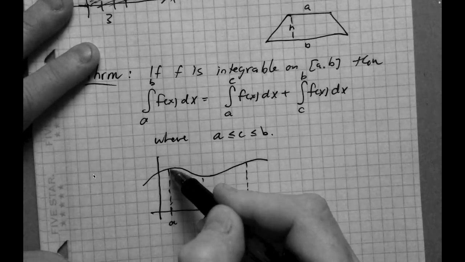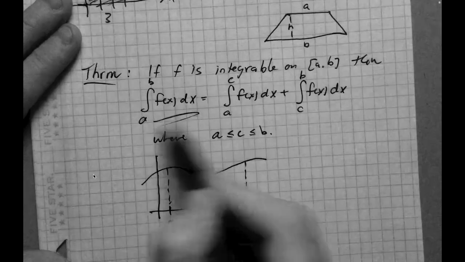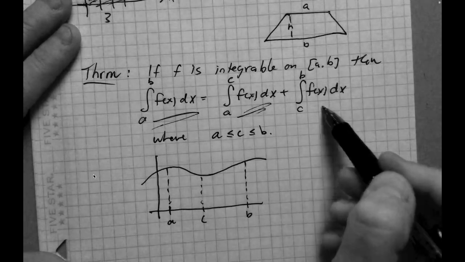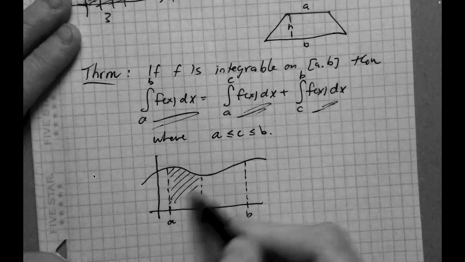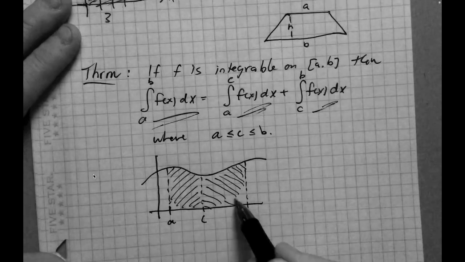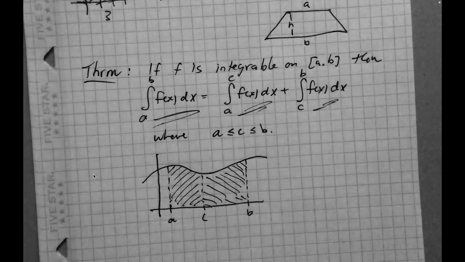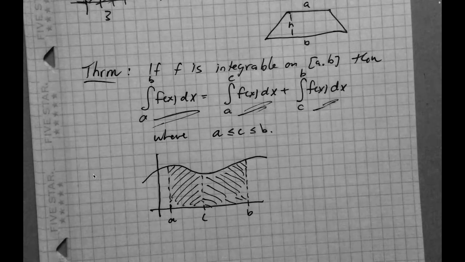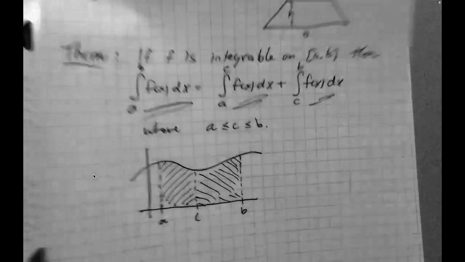Well, the overall area, that's the whole thing, is equal to this part here plus that part there. And if you add them up, you get the whole thing. That part's very intuitive. It's nice when your intuition matches the theorem you just read.